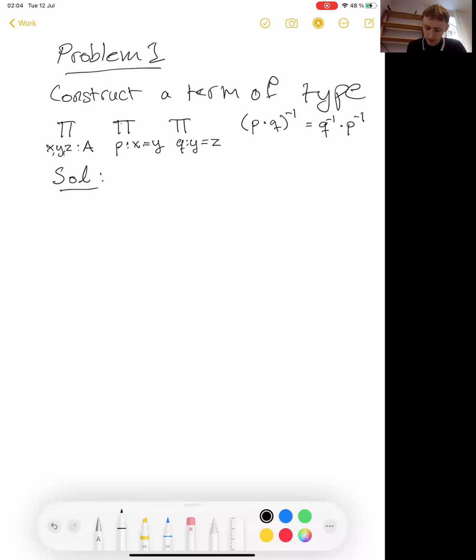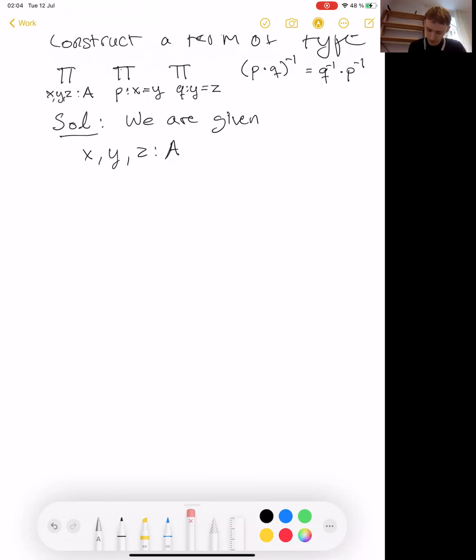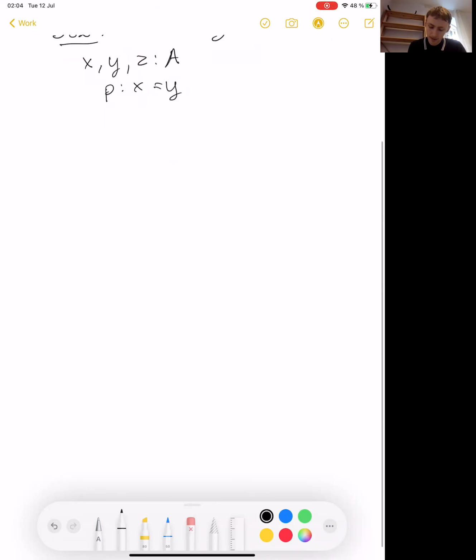So let's assume that we are given the following data. So we're given 3 points, x, y, and z in A. We're given a proof P that x is equal to y. And we are given a proof Q that y is equal to z.